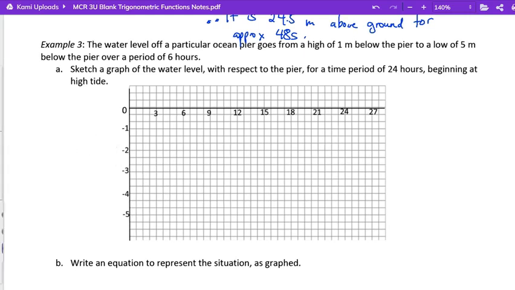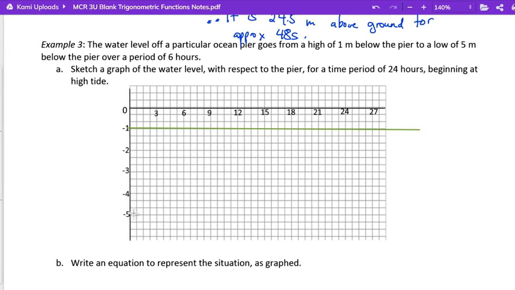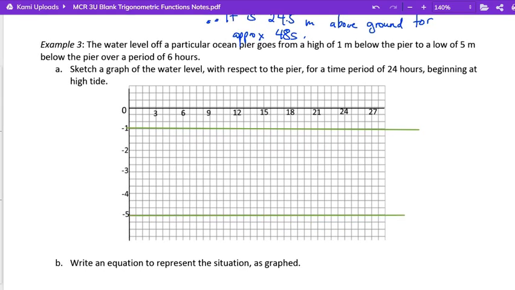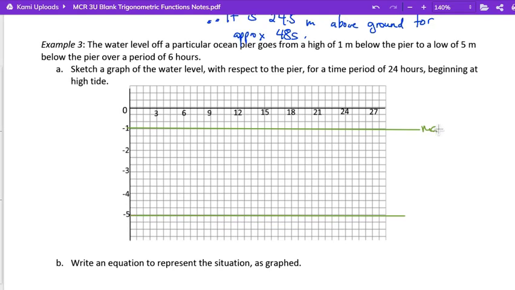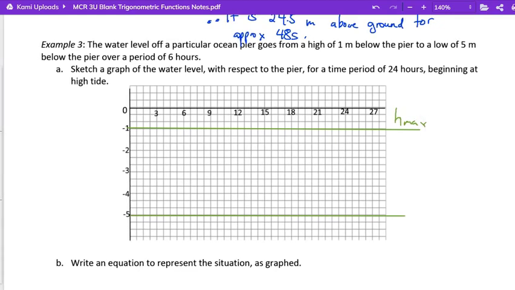All right. So as we're getting ready to draw this, I'm going to draw a line for my max and a line for my min. This is my max height, I'll call it H max, and this is my min height, H min.